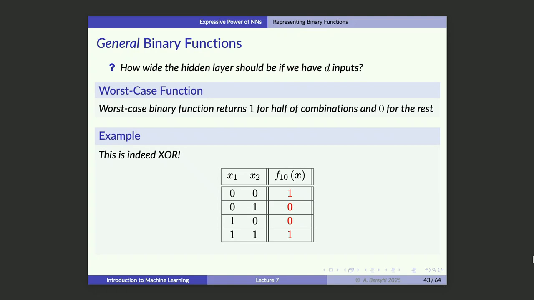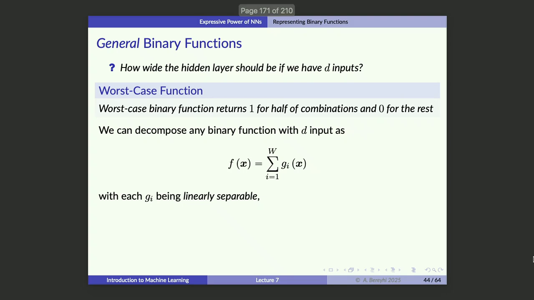And if you have a form like this, how many neurons do you need in the hidden layer? I want to write my function f in the form of some g functions, and those g functions are again binary functions which have only one single 1 at the output, right? How many of those g functions do I need?